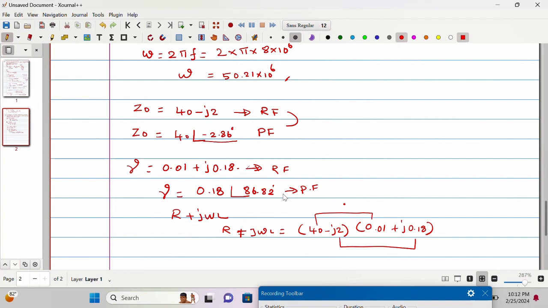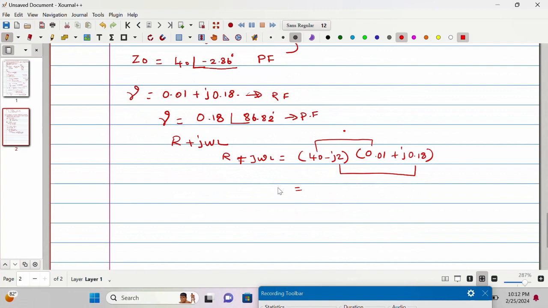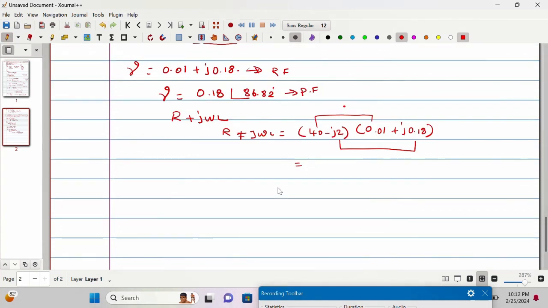After multiplication of these two values, 40 into 0.01 gives 0.4, plus j into 7.2, minus j into 0.02, minus j squared into 0.36. First take these two values and multiply, then the other two. Simplifying, we get 0.4 plus j into 7.18 plus 0.36.